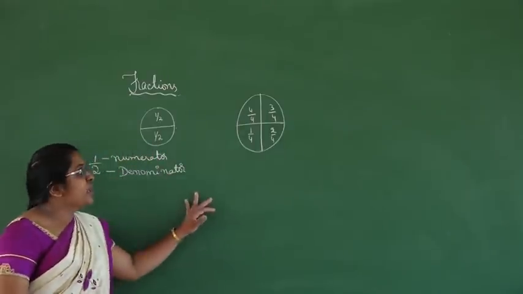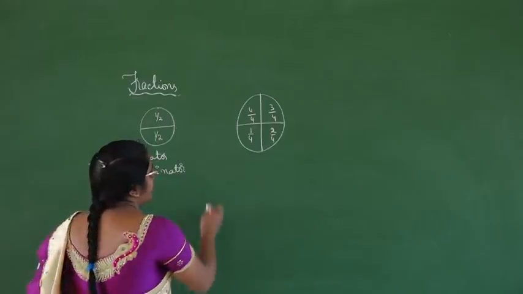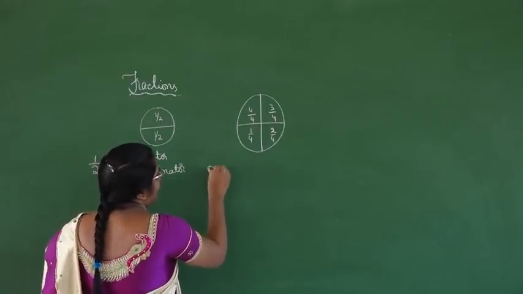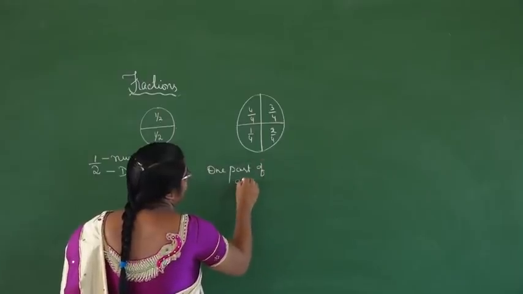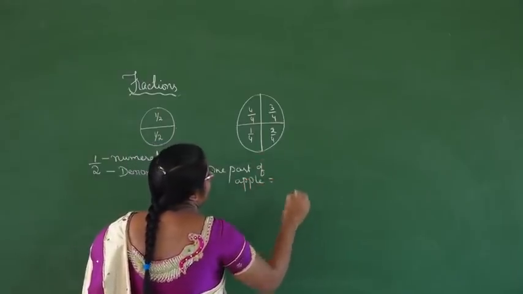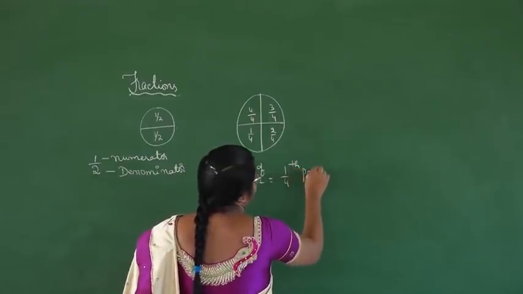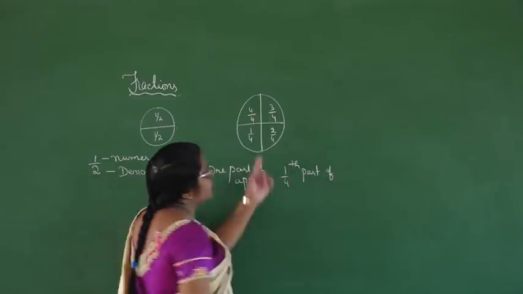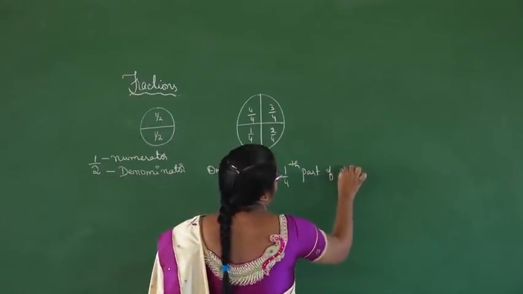This is an apple and I divided this apple into 4 pieces. So the first one part of the apple is equal to 1 by 4 part of this unit, or apple.